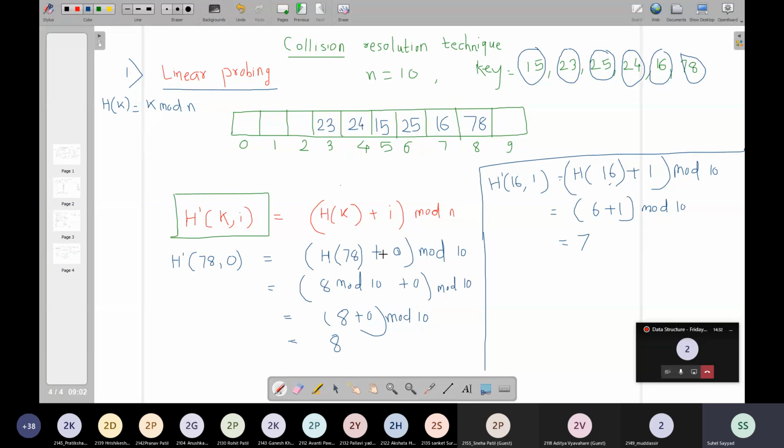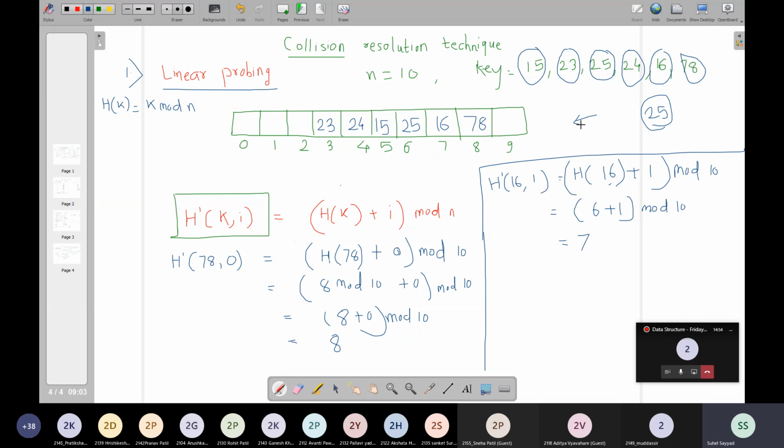Now later on, suppose someone asks you to search key value 25 in this given input, because at the end we are interested in searching, right? For searching also the same mechanism of linear probing should be used with the same hash function. Then only searching can happen.